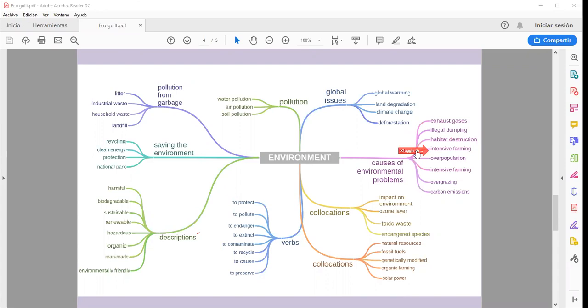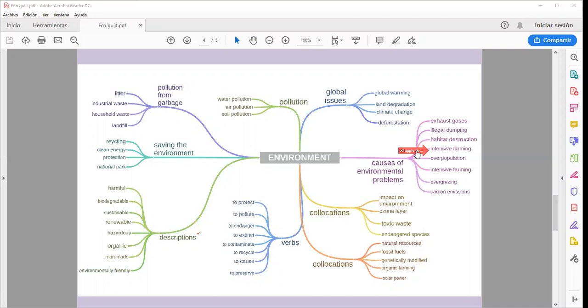For example, the massive chicken farms, or companies like Alpura and Lala that produce products from animal use, but it's so massive.